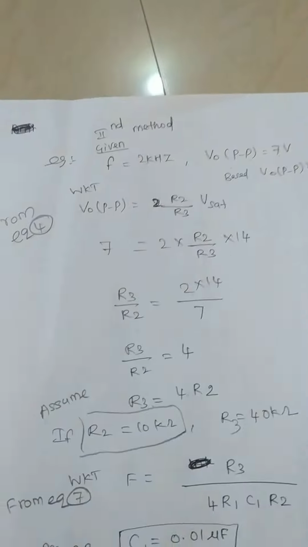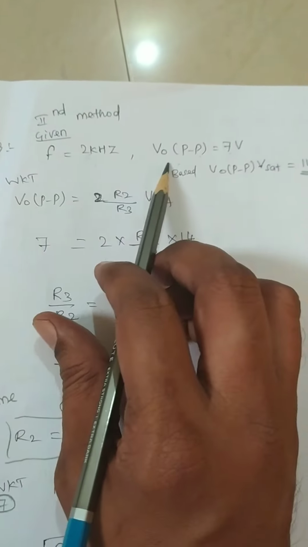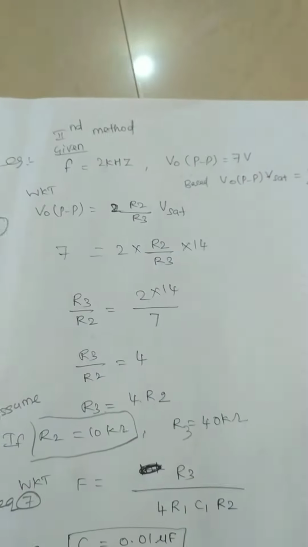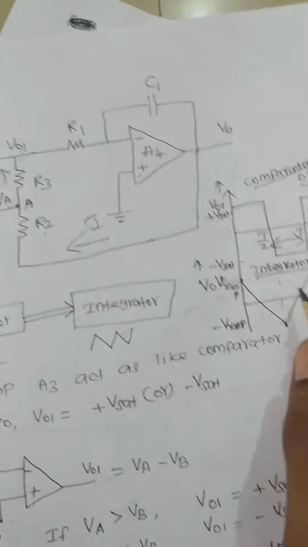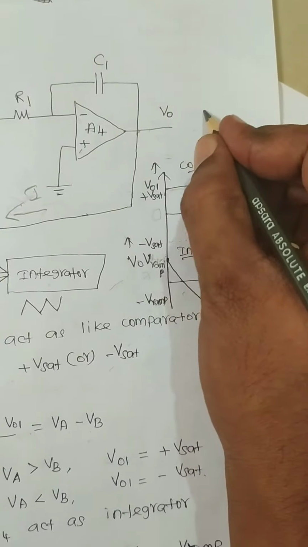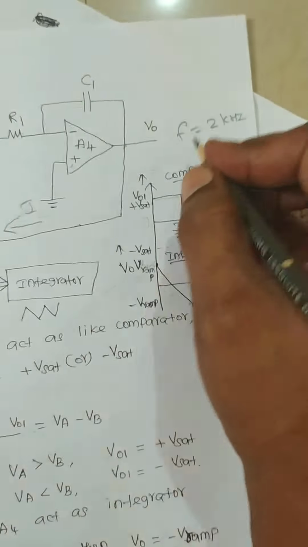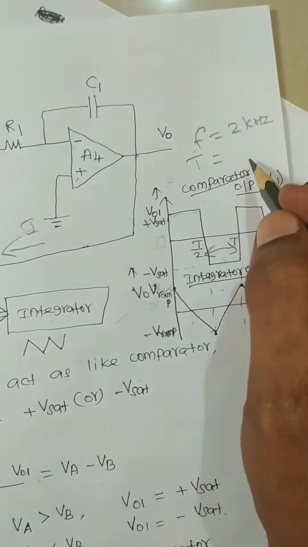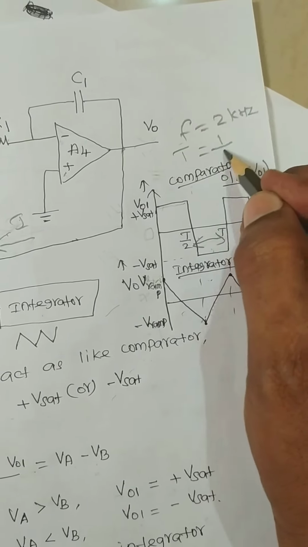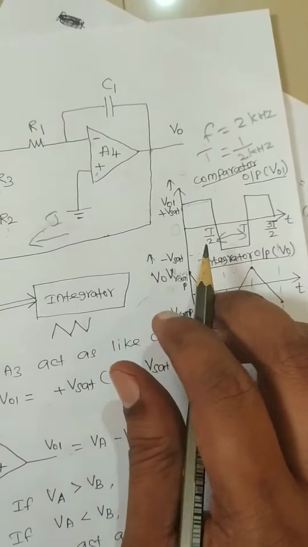Now for example, in the second method I assume a frequency of 2 kilohertz and V0 peak to peak of 7 volt. In this graph I assume the given frequency is 2 kilohertz, F equal to 2 kilohertz. If F is 2 kilohertz, T will be 1 by 2 kilohertz, so find the time period.